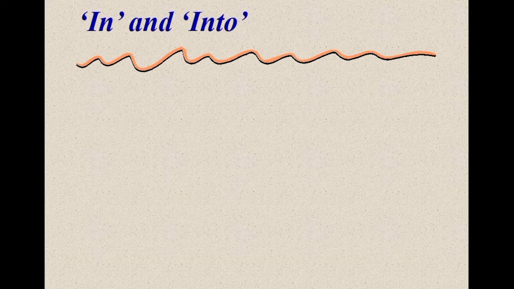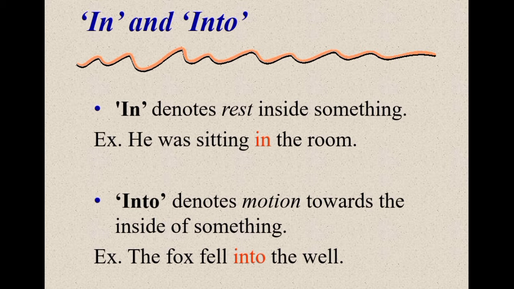Now we have in and into. So in denotes rest inside something. Means there is something inside the particular thing. So here is the example: He was sitting in the room. Means he is inside something.